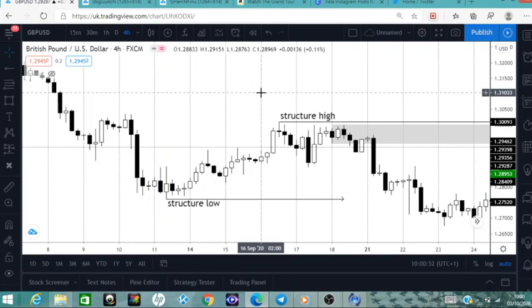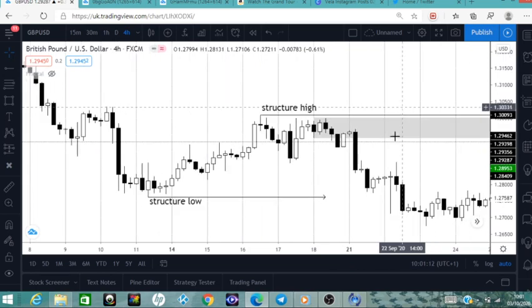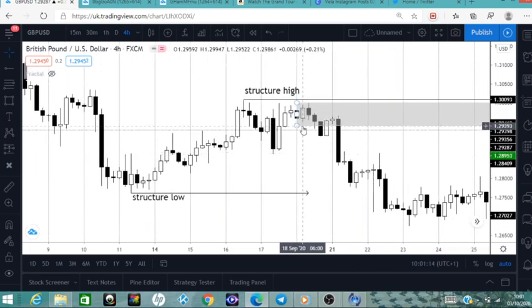Some people use wicks as market structure breaks, that's fine. Me personally, I like to see these types of candles rally through a level that gives me indication that the institutions may be looking to change direction, or even for a short period of time look for higher prices, lower prices. As price went on, we had an area of selling, as we can see here, so we can mark that out.